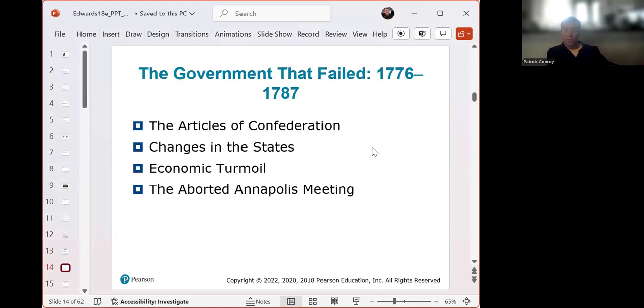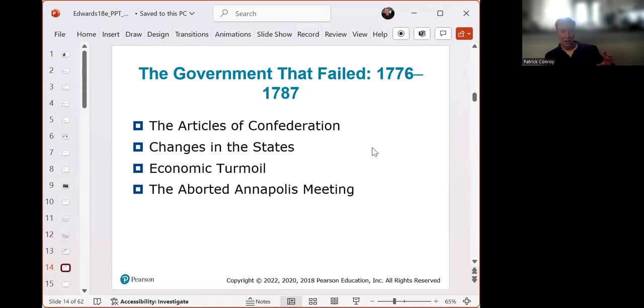So, the first government that was formed was the Articles of Confederation. So this is before the Constitution. And there were some changes in the states, but most power was still held by the individual states. The people from the individual states still saw themselves more as Virginians than as Americans.